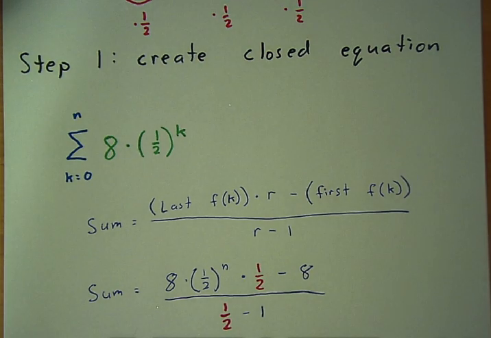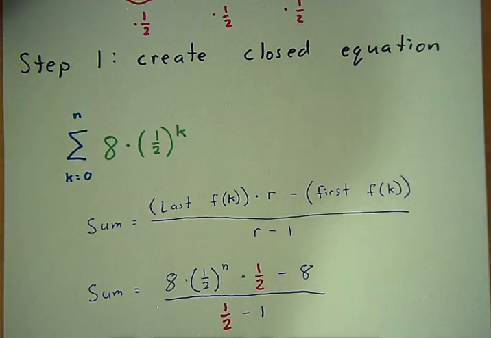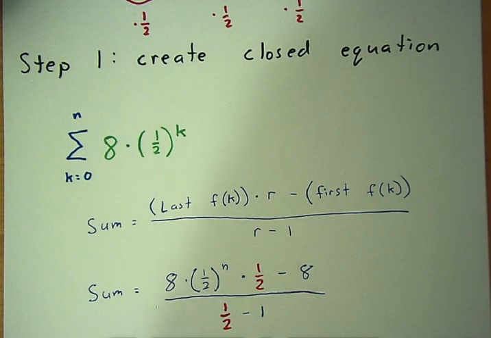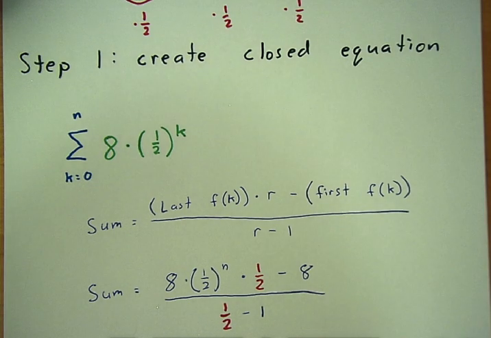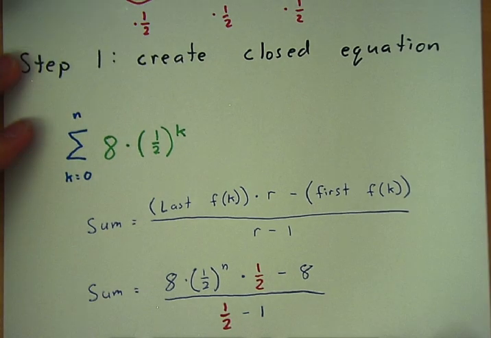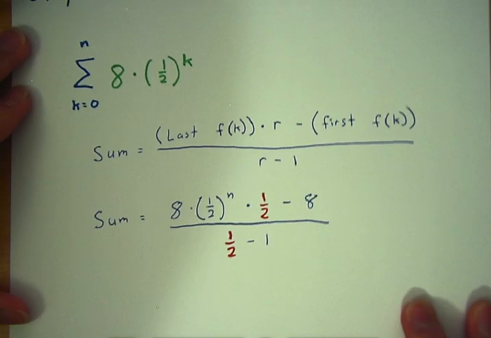I could clean this up if I wanted to. I don't think I'm going to spend that much time cleaning it up, though. Maybe just a little bit. Okay, I'll clean it up a little bit.